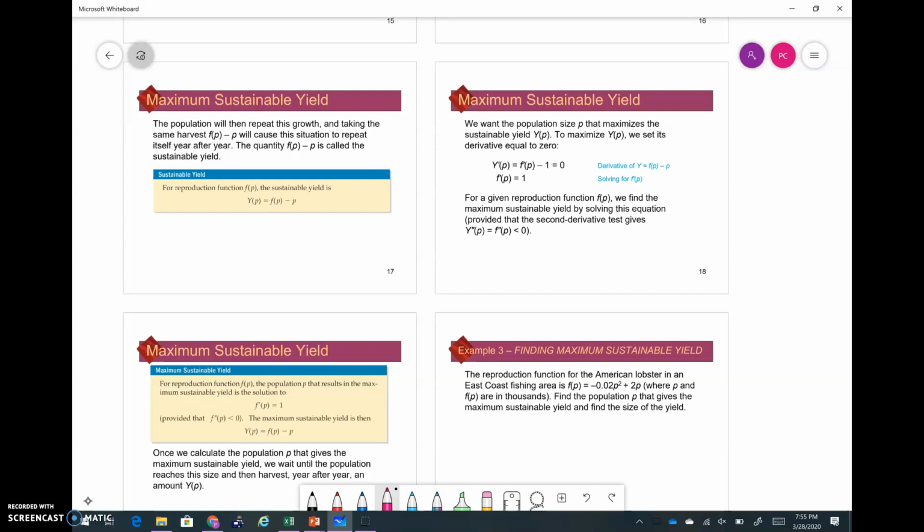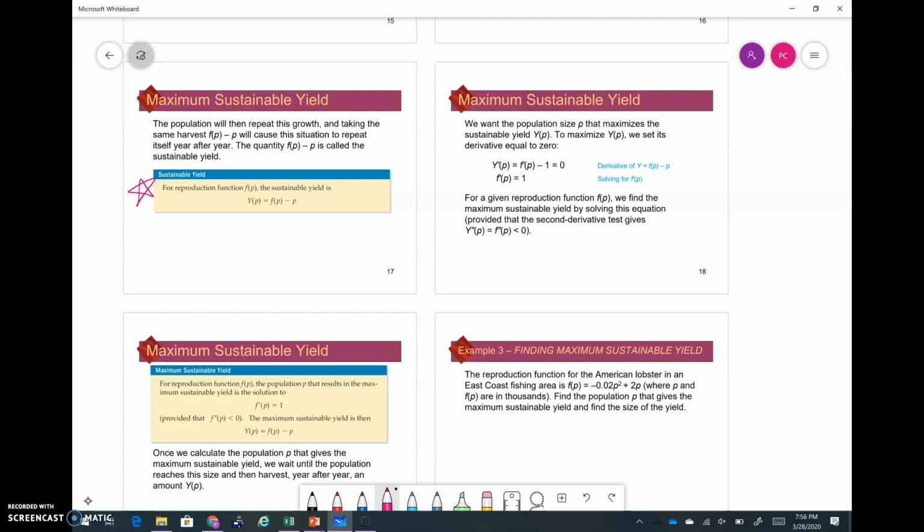So the quantity f of p minus p is called sustainable yield. We're only taking off the growth, the change for each year, and you're keeping the current population stable year to year.